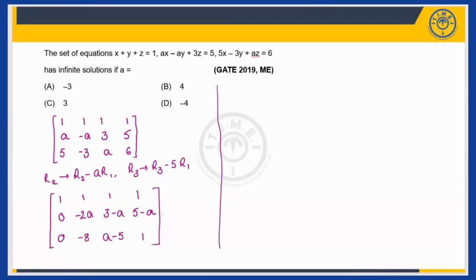Now again to R3, applying what? R3 minus 4R2. And that is 1, 1, 1, 1, 0, minus 2A, 3 minus A, 5 minus A, 0, 0.